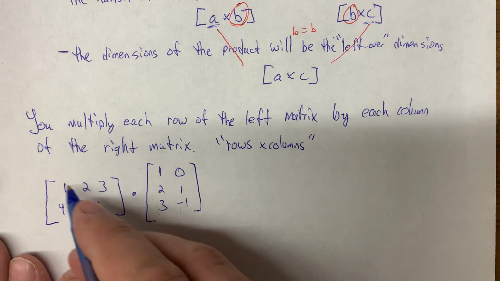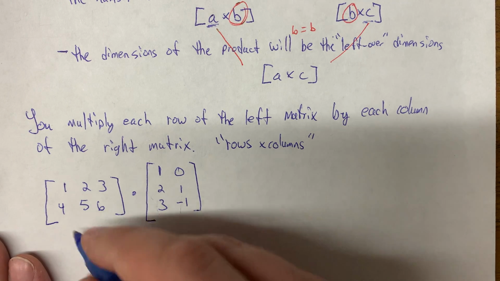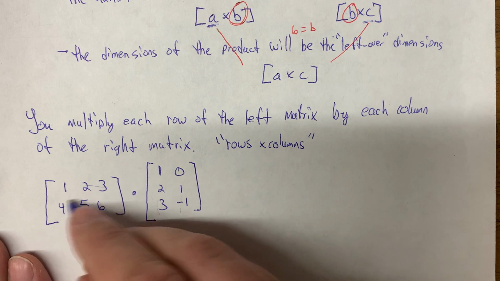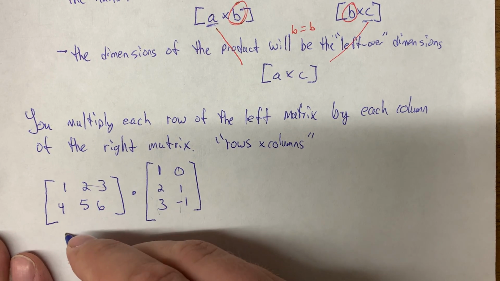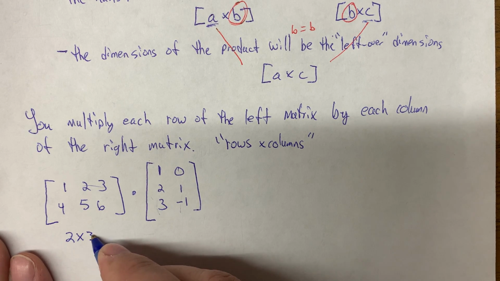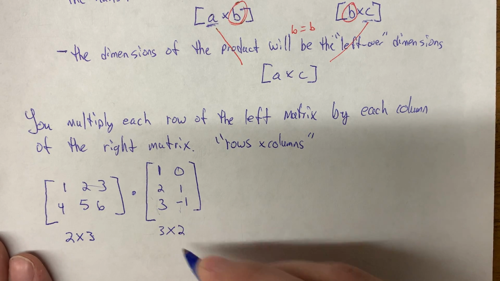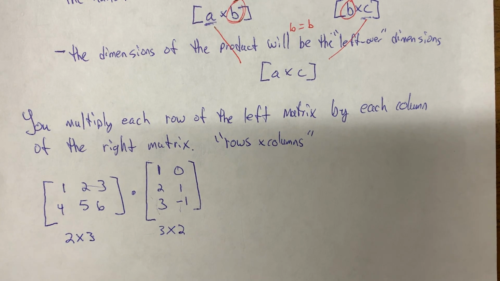So let's look, what are the dimensions of this left matrix? Hopefully we recognize this is 2 rows by 3 columns. We always do rows by columns. So 2 by 3. What are the dimensions of the right matrix? This is 3 by 2. And so the first question is, can we multiply them?